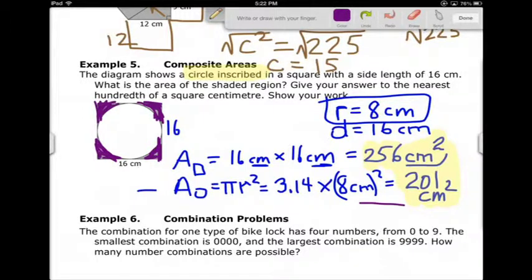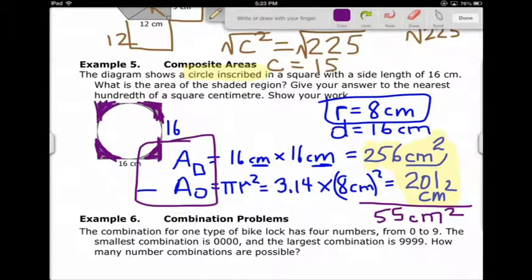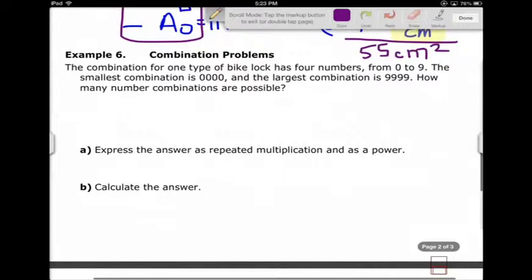In fact, all that you've got left, 256 minus 201, is around, we're doing a little bit of rounding here because I said 201, which is good enough, 55 centimeters squared. So that's a good question where you have to take one formula and subtract another. It's a very good question. Healthy. It's a question where you've got to figure out something and then keep moving forward with it, and that's why you need to get really good with just your basic mathematics, because it all starts to move together.